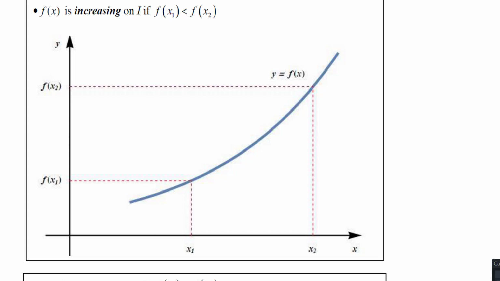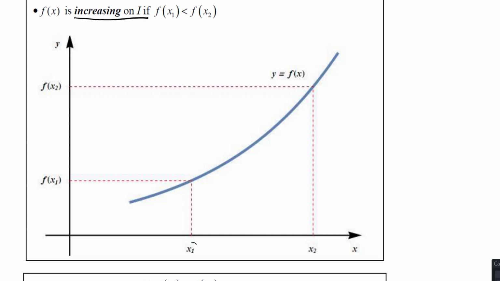If that's our setup, then we say that the function f of x is increasing on that interval if the value of the function at x1 is less than the value of the function at x2, and of course this holds for all x1 and x2 in the interval I. You see the picture below.